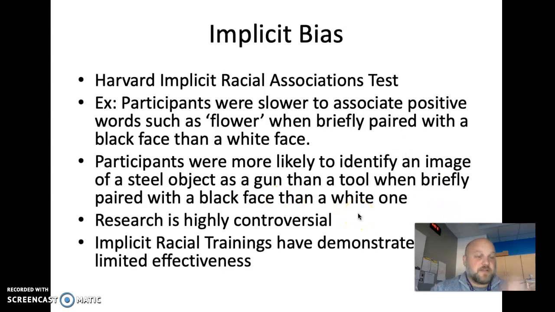This research is highly controversial. There are some people who believe in it. There are other people that think it's bogus. So you can do your research and make the decision. If you Google implicit racial test, you can find it online and look at it. You be the judge. They've also done some trainings where they try to figure out what we can do to limit implicit bias, and the outcomes have not been terribly effective.